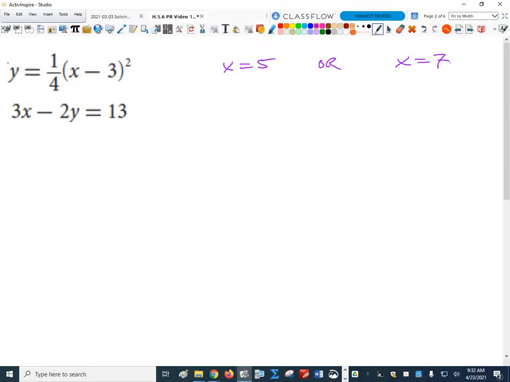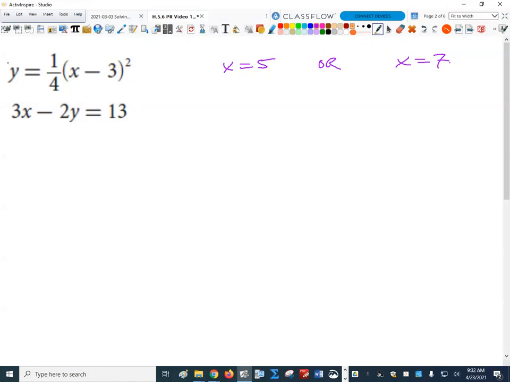So what do I do? What do you think, Andrew? Could you just plug them into that bottom equation and make two different equations and solve for y? Sure. Yeah, right. So just plug them into either equation, and solve for y. Either one's fine.